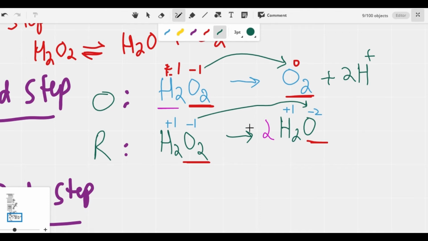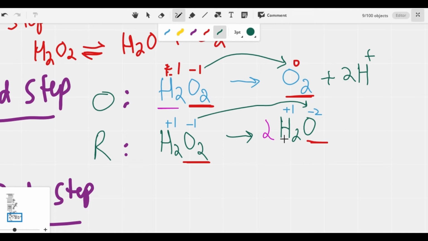And next, in the reduction, the reactant side contains 2 hydrogen, but the product side contains 4 hydrogen.